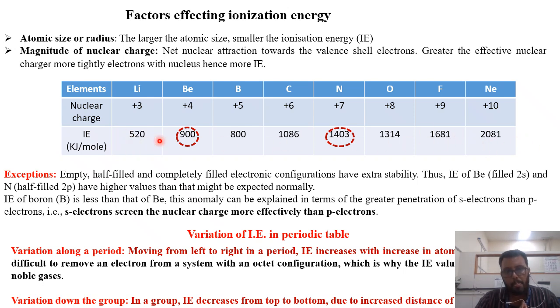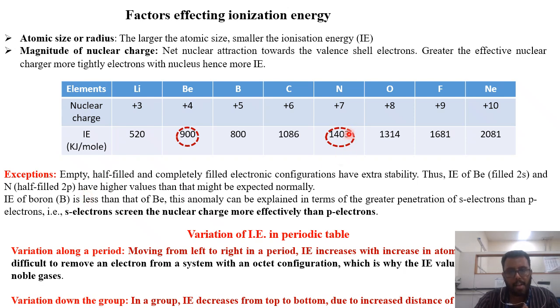So it increases, but there is some anomaly, which has been circled for clarity. Empty, half filled, and completely filled electronic configurations have extra stability. For instance, beryllium has a completely filled 2s orbital, and nitrogen is half filled, so they are more stable.